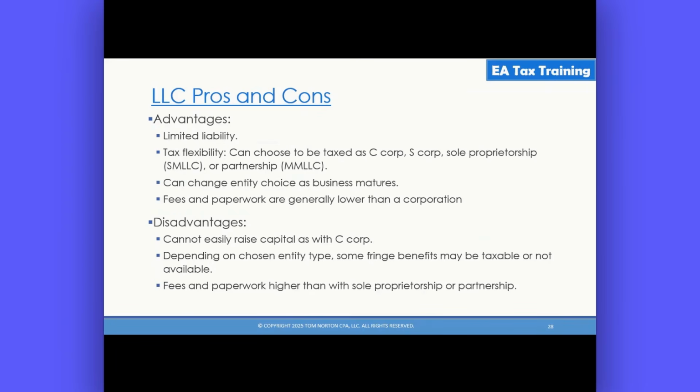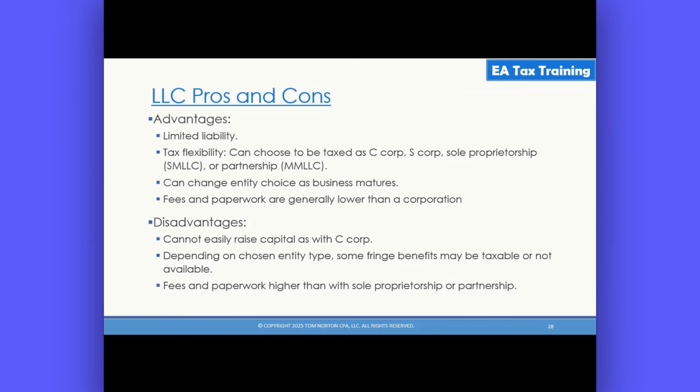The advantages of an LLC, as we said, you get limited liability and you get tax flexibility. And this is a big one and the big tax reason to have an LLC. The LLC can choose to be taxed as a C Corp or an S Corp, or they can just remain being taxed as a sole proprietor or as a partnership. So they have lots of flexibility and they can change their entity choice as the business matures.